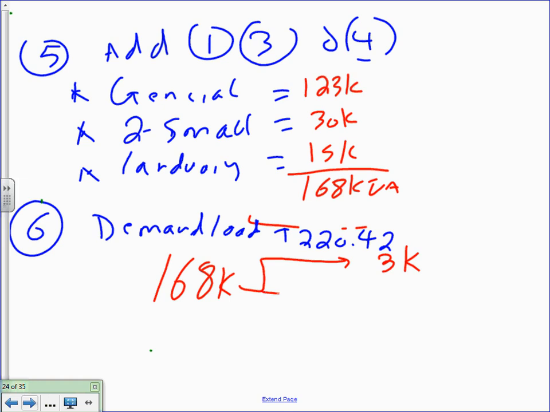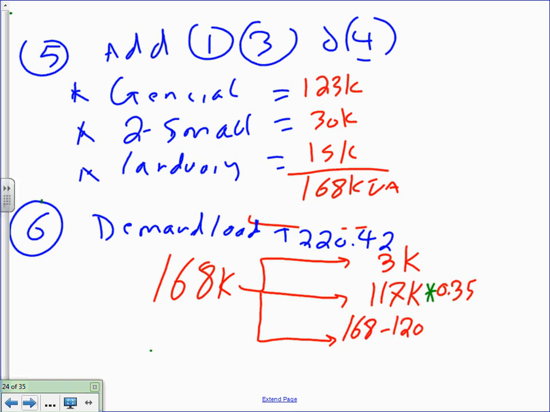Then the next 117K, you multiply by 0.35. Is it 35? Yeah, 35. Then what's the remainder? 168 minus 120, so it's 48 kVA, times 0.25. Multiply this one by 0.25, and then add everything up.